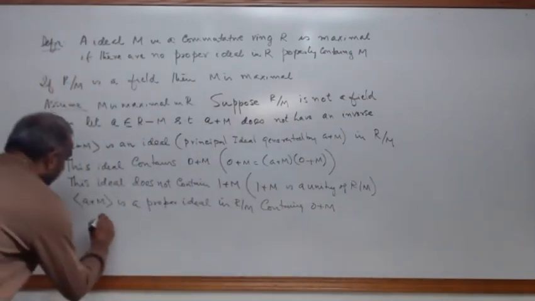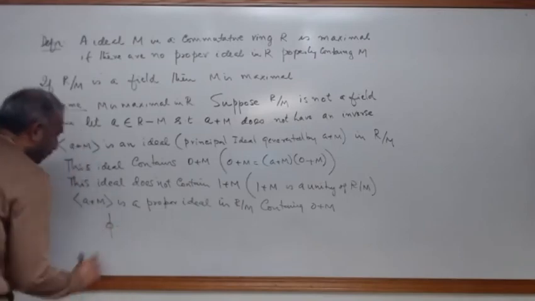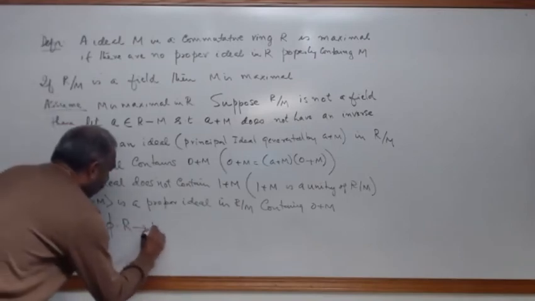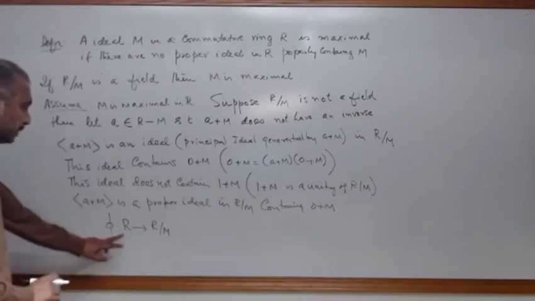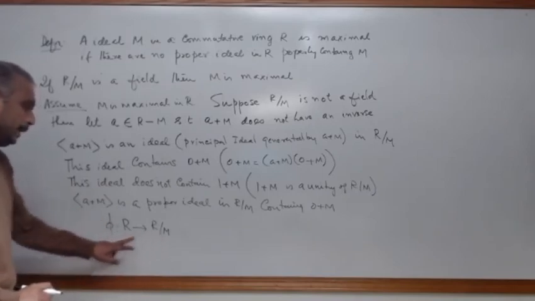Now consider the homomorphism from R to R by M. A ring homomorphism preserves ideals.